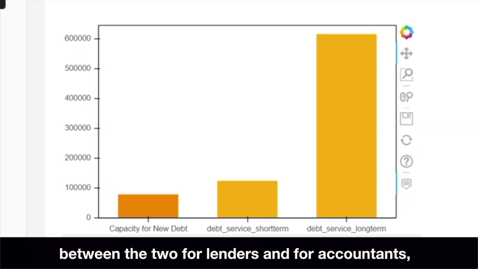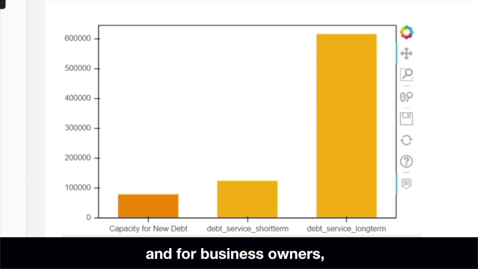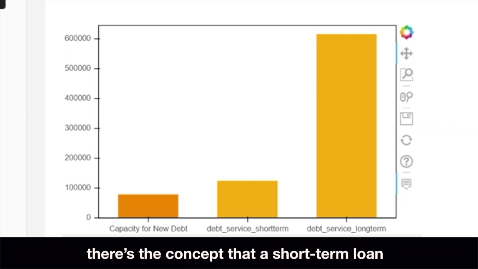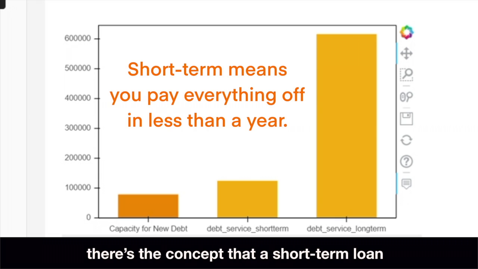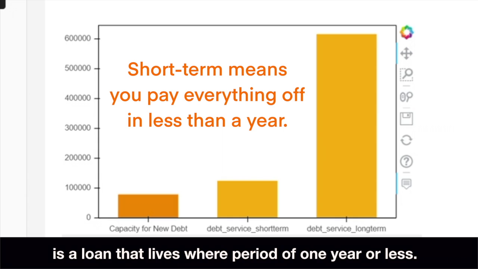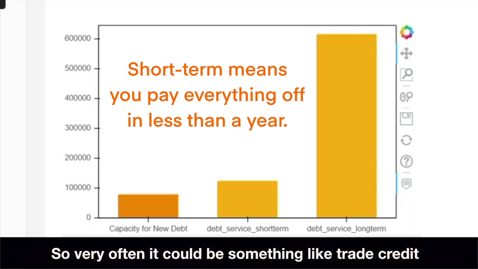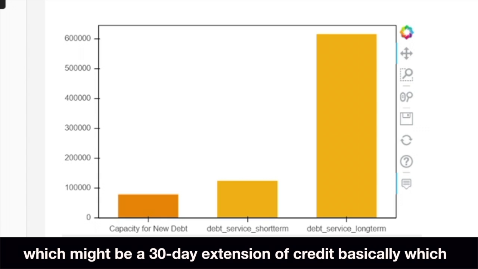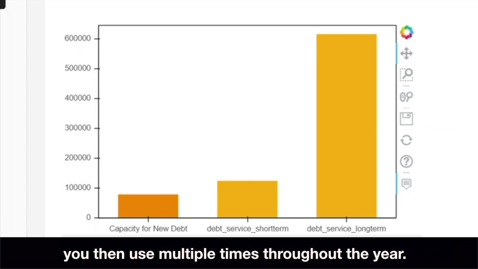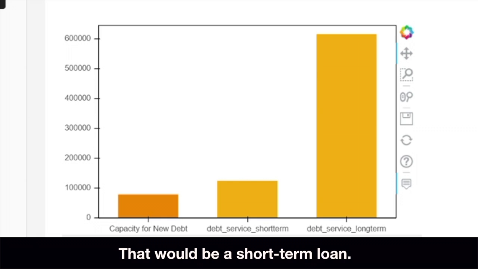For lenders and for accountants and for business owners, there's the concept that a short-term loan is a loan that lives for a period of 1 year or less. Very often it could be something like trade credit, which might be a 30-day extension of credit that you then use multiple times throughout the year. That would be a short-term loan.